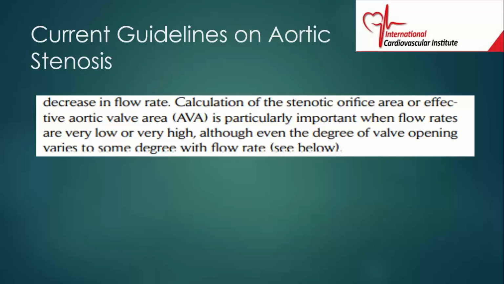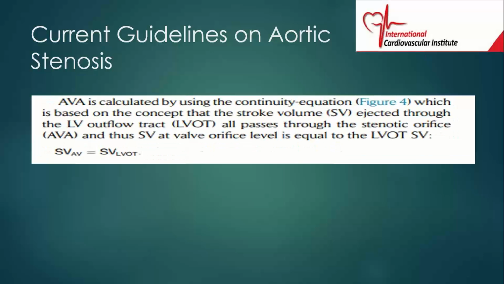Flow rates can be very high in some patients who have shunts, significant aortic regurgitation, or anemia. Anything that can increase the flow can also increase the velocity and the gradient. So you have to be aware of the conditions under which you're doing your calculation and evaluating the patient.